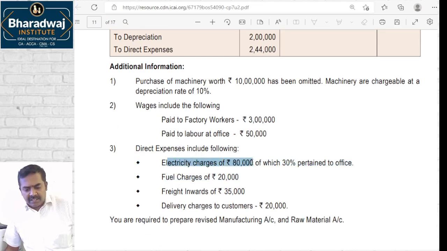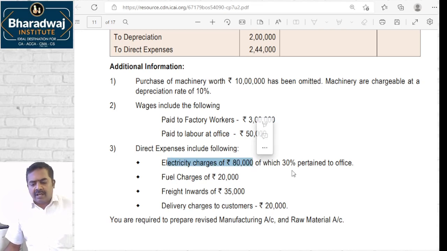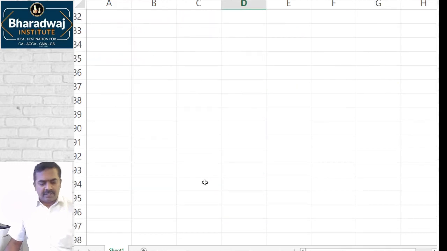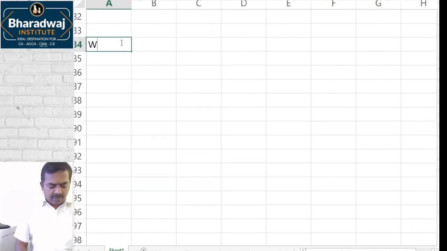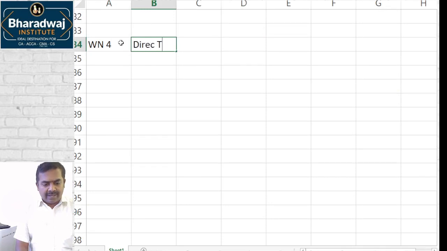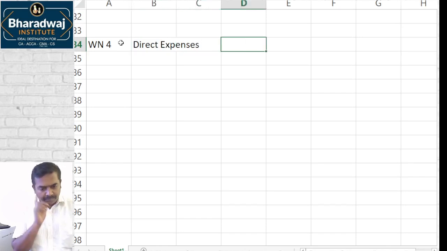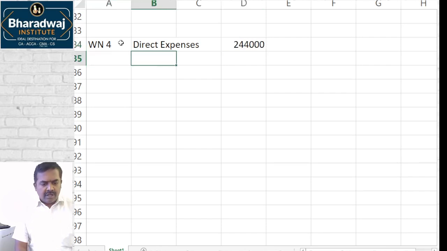Of the electricity charges of 80,000, how much pertains to office? 30% pertains to office. Do this working note, working note number 4, direct expenses. How much was given? 2,44,000. What is not to be included?